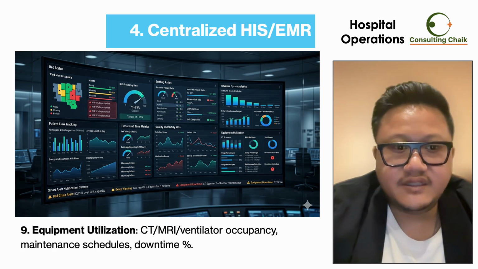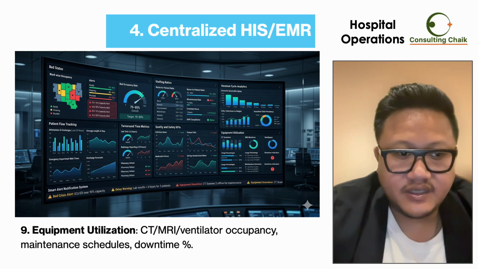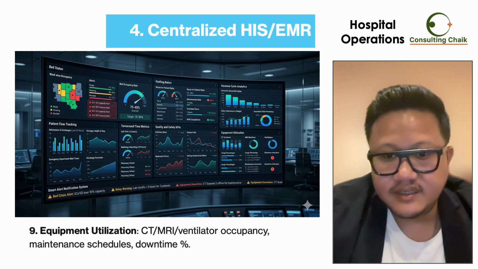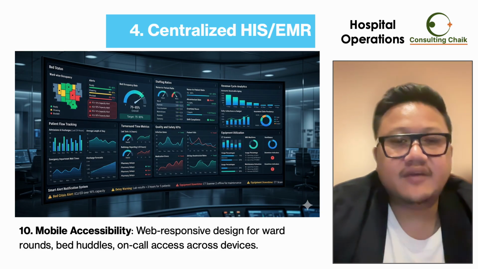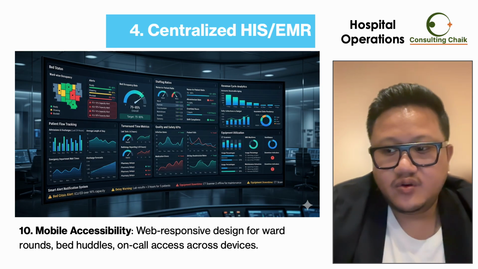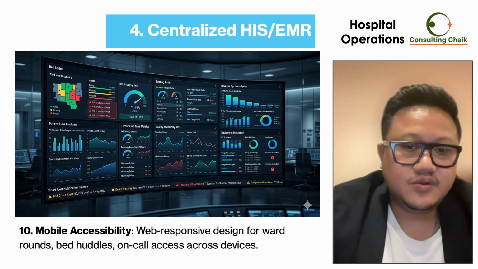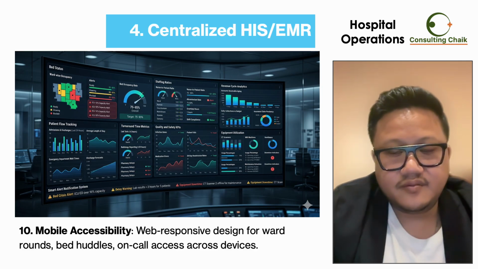Your equipment utilization, your CT, MRI, ventilator occupancy, your maintenance schedule, your downtime, all these things need to be tracked in the HIS. Your mobile accessibility. Whatever we have said here, if all those things are available in your hand through your mobile application, it is very good.